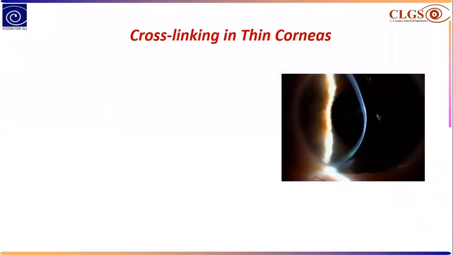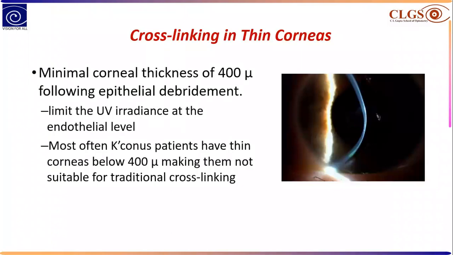So how can cross-linking be done in a thin cornea? Why does this question come up? There is a requirement for CXL, corneal cross-linking, that the corneal thickness should be 400 micrometer.